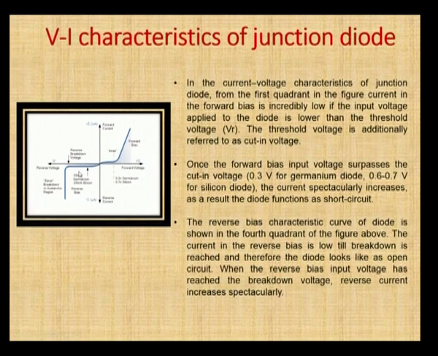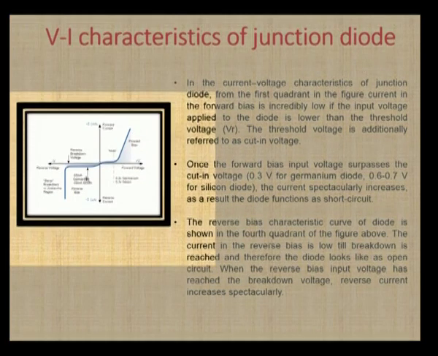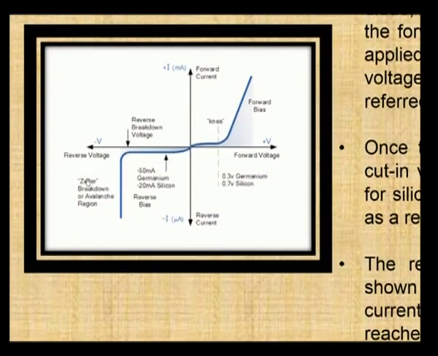Next we are moving on to the VI characteristics of the junction. What we have read in zero bias, forward bias and reverse bias are all drawn in a graph called VI characteristics. In forward bias we know that only above the knee point we can expect conduction, as shown in the graph.